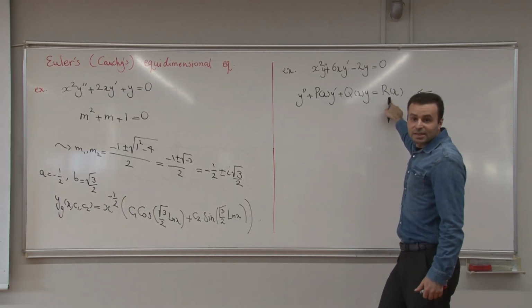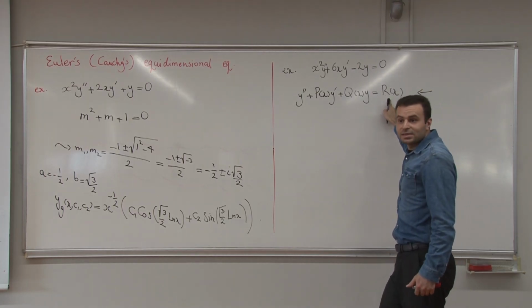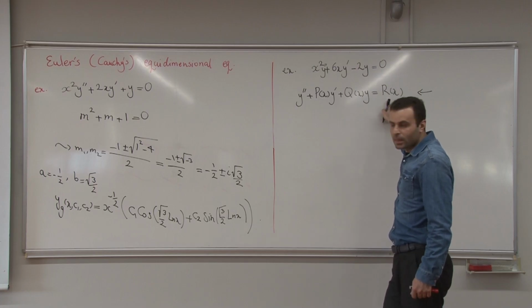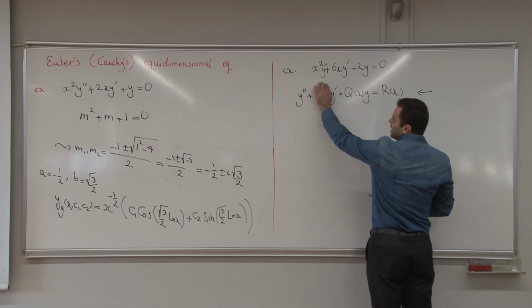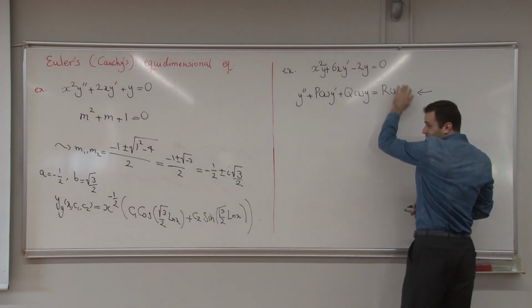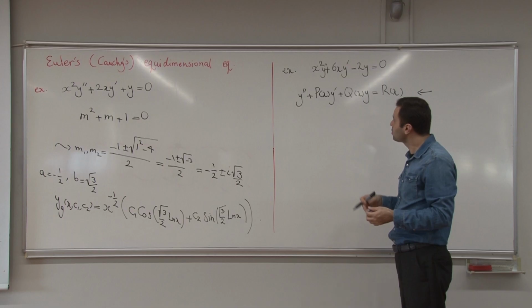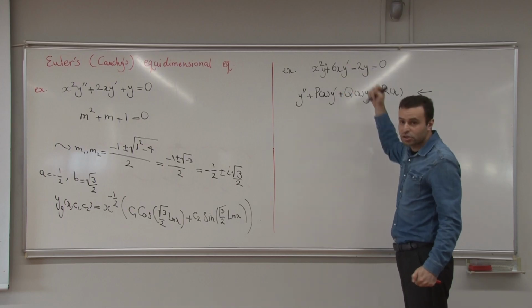This is the general case of a second order linear differential equation, right? Based on these p(x)'s and q(x)'s and r(x)'s that are changing, if you select different functions, we are going to get different expressions.